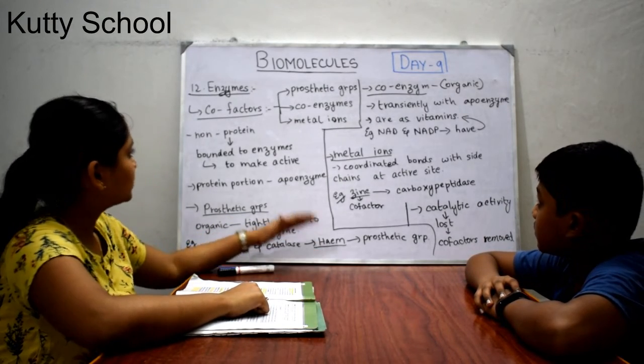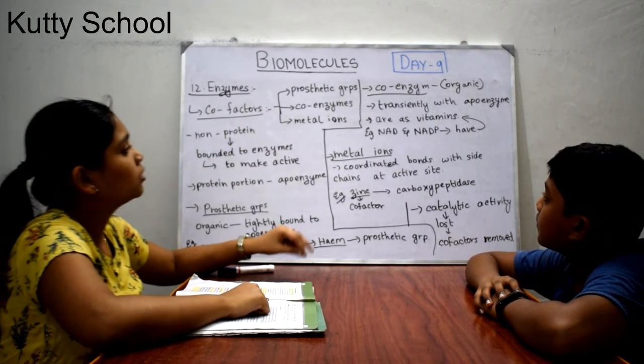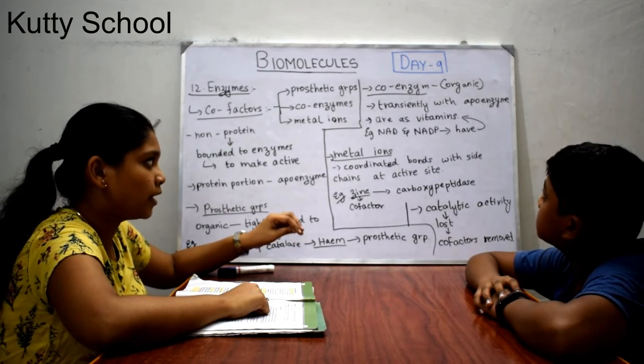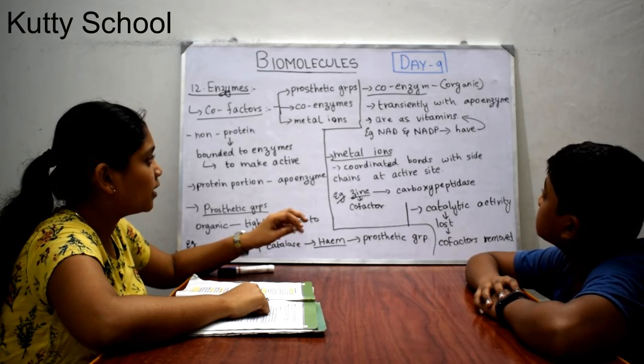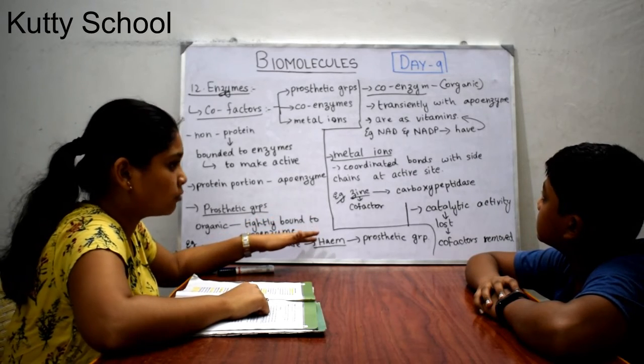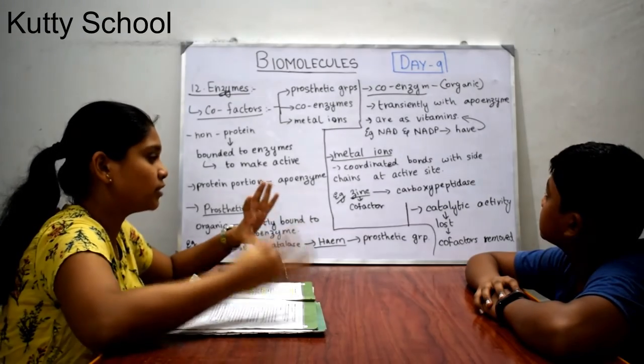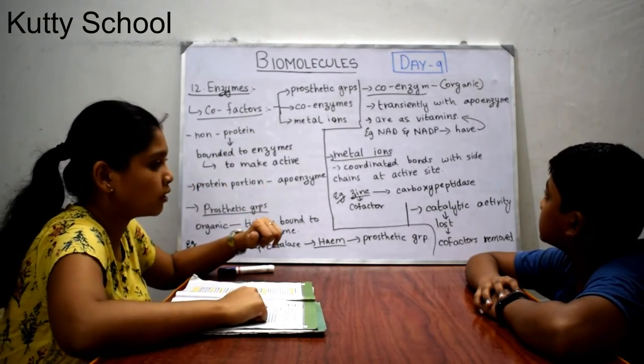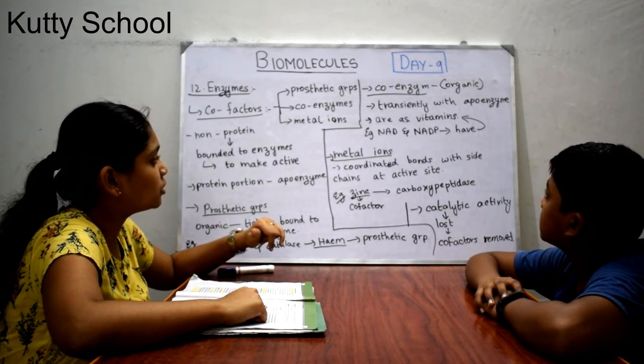Okay, then the second one is coenzymes. Coenzymes are organic compounds. They are not as tightly bound as prosthetic groups. They are less tightly bound, transiently associated with the apoenzyme. They are just attached but not tightly bound. These are generally vitamins.